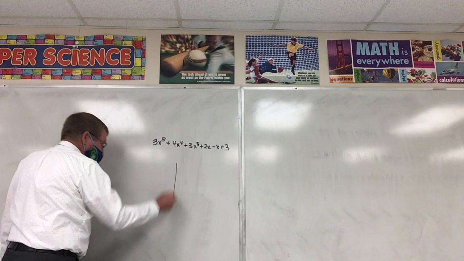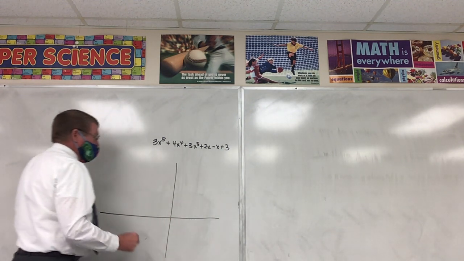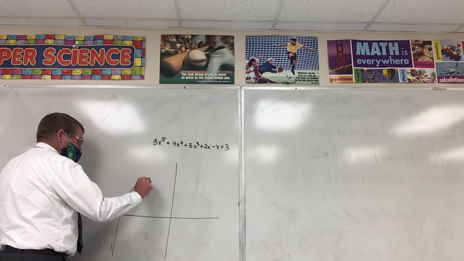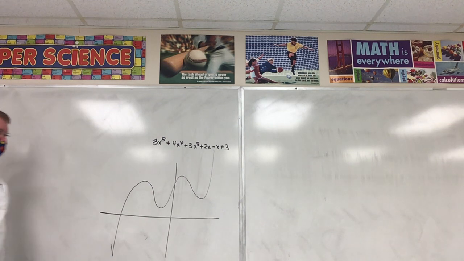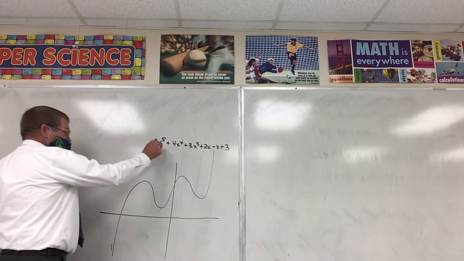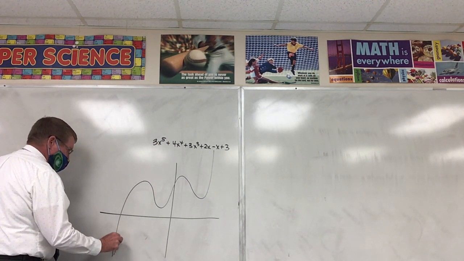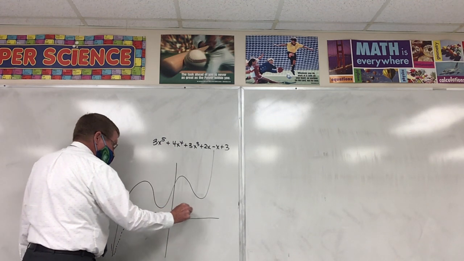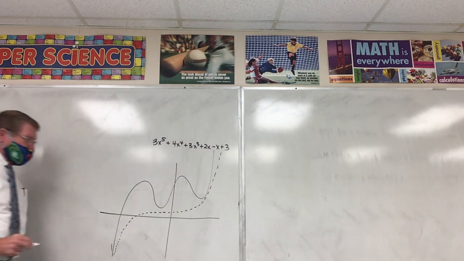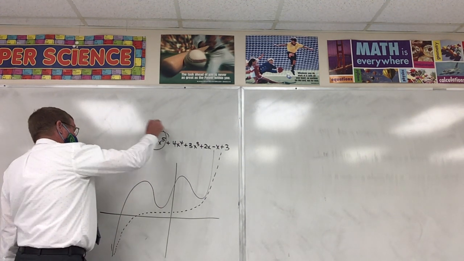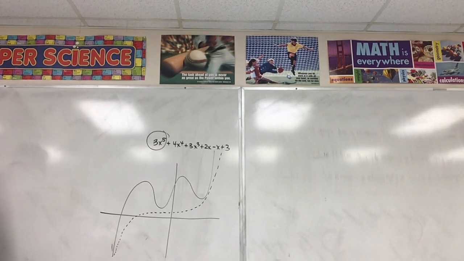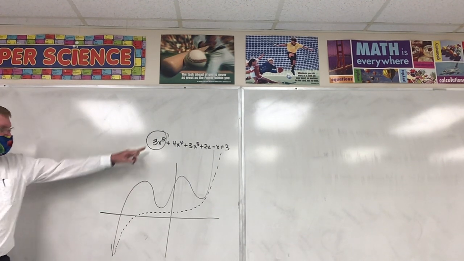All right, this graph may look like something like this, whereas this graph would look something like that. Which graph would look like that? Oh, I'm sorry. 3x to the fifth would be the dotted line. Okay, this is my whole thing.